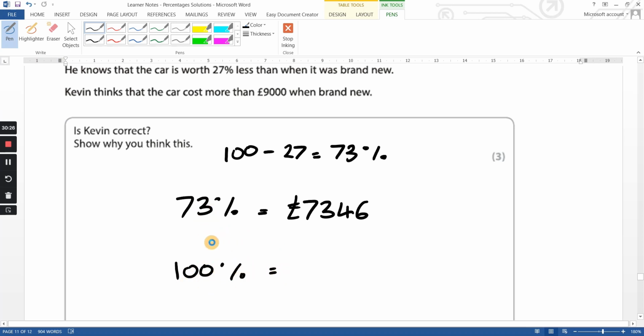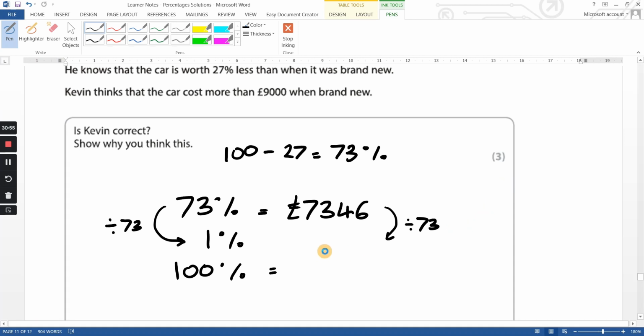Again, I like to do a step in between. Let's work out what 1% would be. So I'm going to get from 73 to 1%. I'm going to be dividing by 73 here. I'll have to do the same to this side. So on my calculator, I'm doing 7,346 divided by 73.